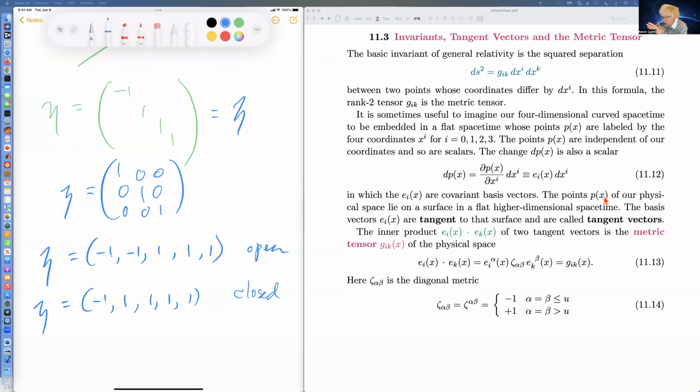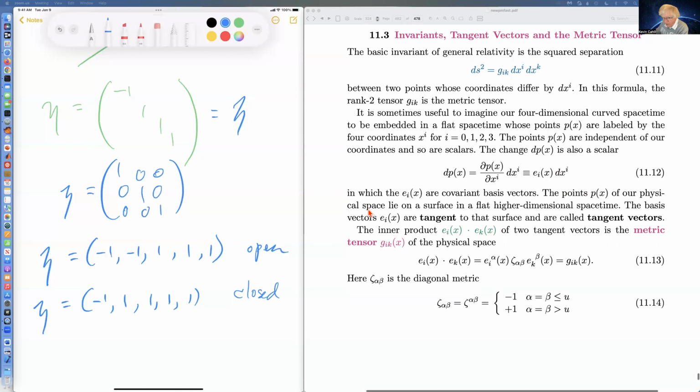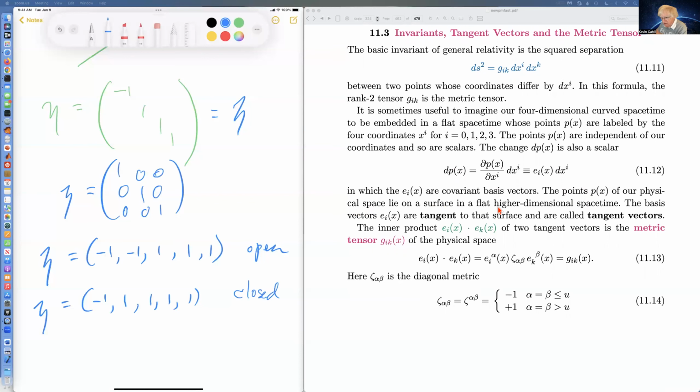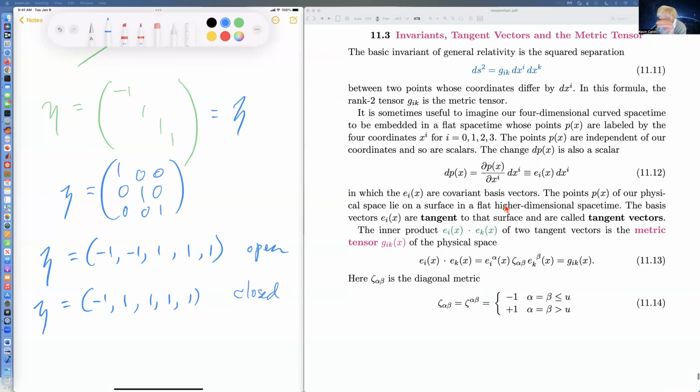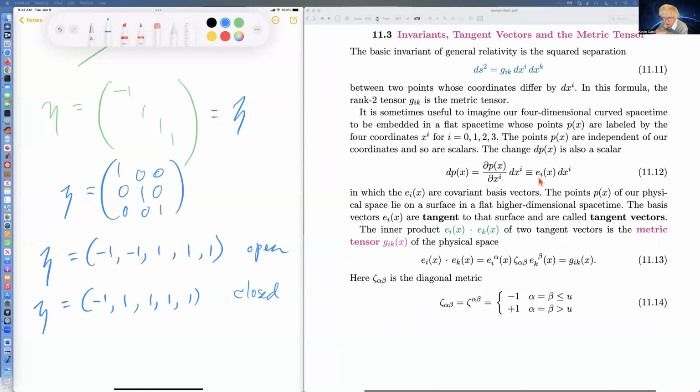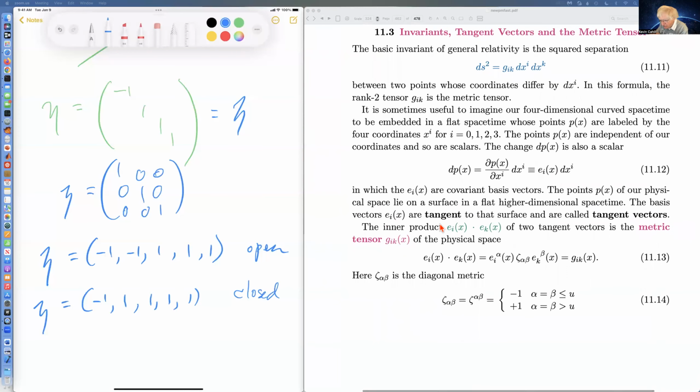So we can think of our points as being points of the physical space lying on a surface in a flat, higher dimensional spacetime. The basis vectors e_i, these things here, are tangent to the surface, and they're called tangent vectors. And the inner product of two tangent vectors is the metric tensor of the physical space.